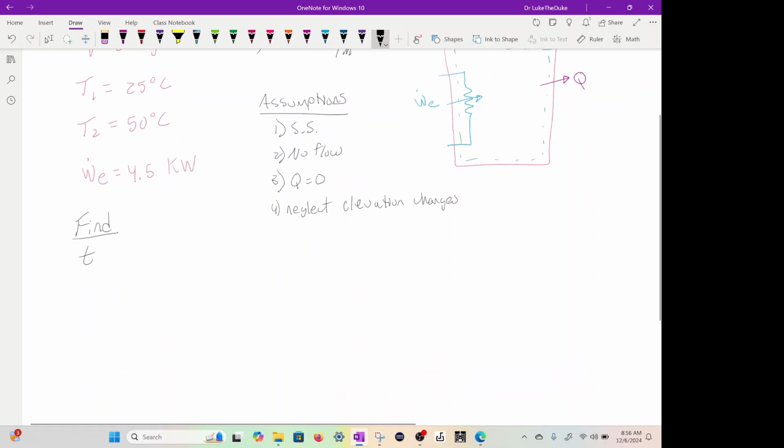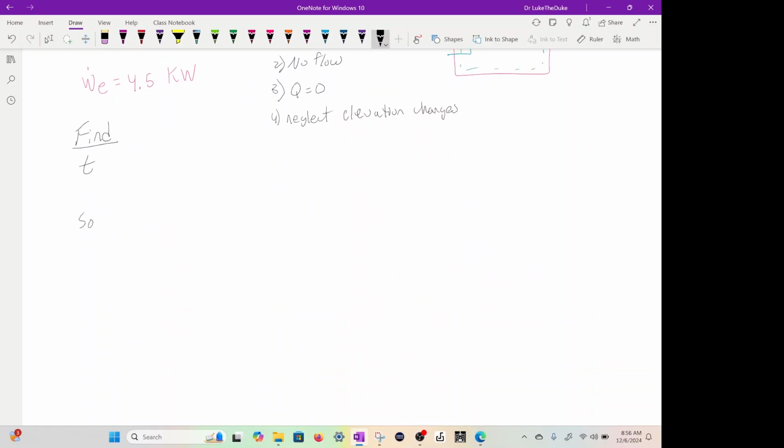All right, let's get to the solution. So first law, closed system. All we have is delta U over delta t is Q dot in plus W dot in. On the left of the equal sign is our system. This hot water system could be moving with some speed, so kinetic.